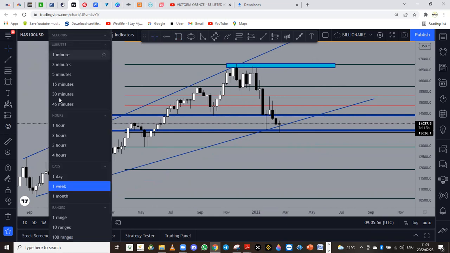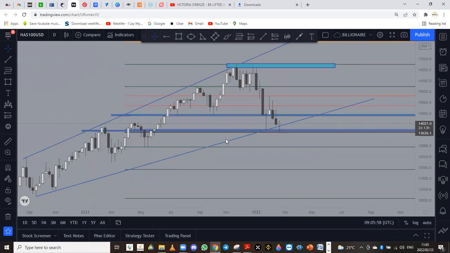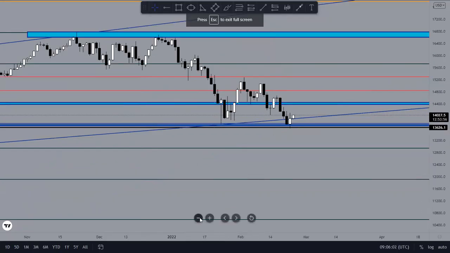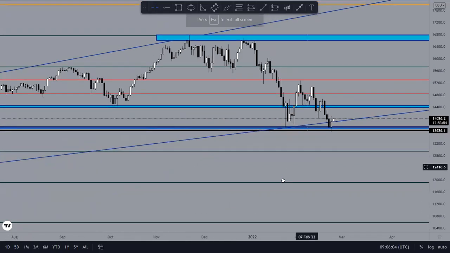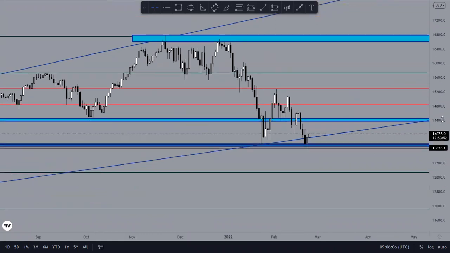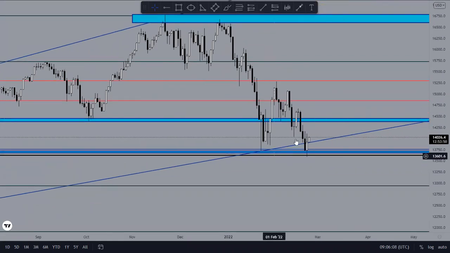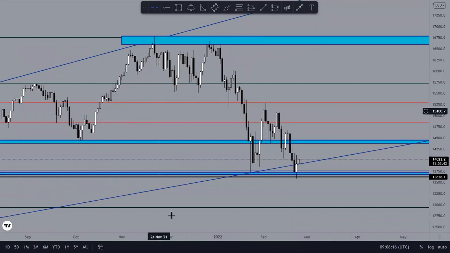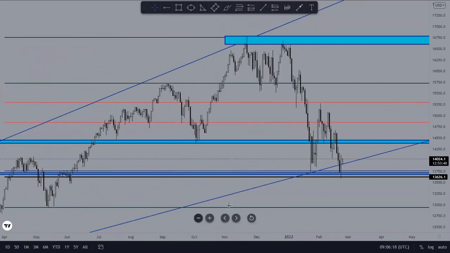Even if we scale down to the daily time frame, beautiful, we have a beautiful movement there, we have a support there, a third touch there on the trend line. The previous daily candle actually closed bullish, which is a very positive movement there.